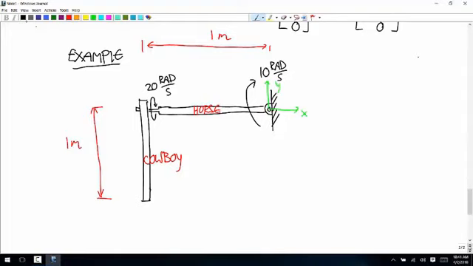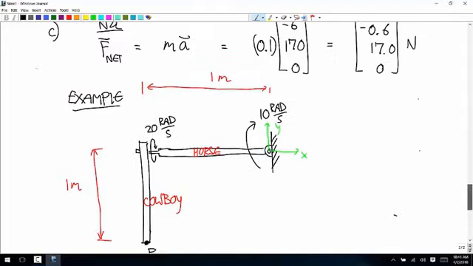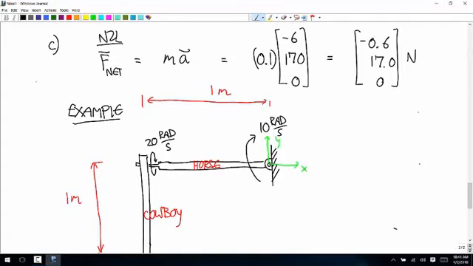But the point of interest, let's do the end. So that's the acceleration we want. Yeah, that distance just goes to where the body is.